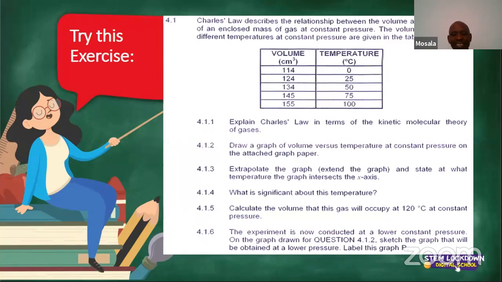So what is the relationship between degrees Celsius and the Kelvin scale? For argument's sake, 0 degrees Celsius equals 0 plus 273, which gives you 273 Kelvin.